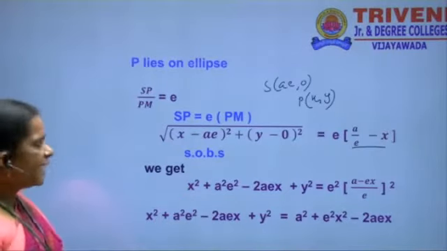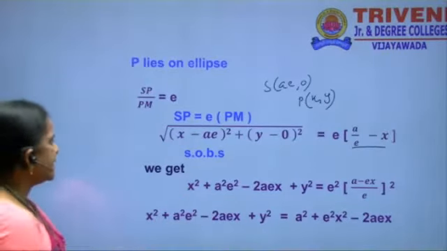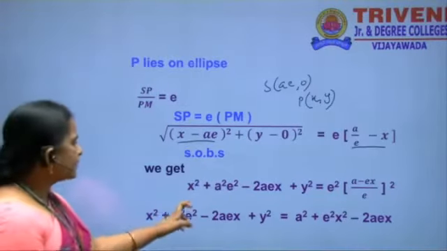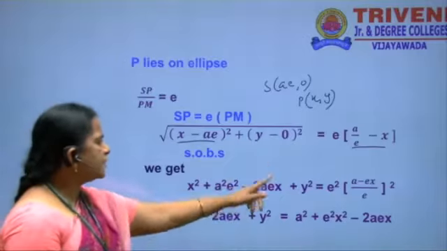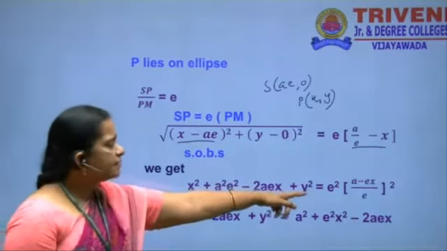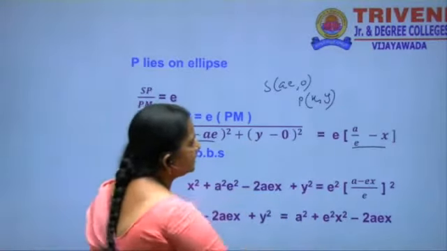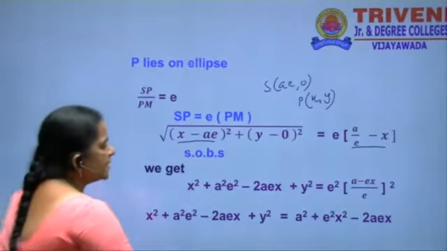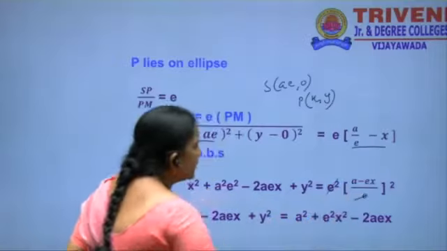Squaring on both sides, the root gets cancelled. Then expand (a minus b) whole square: a square plus b square minus 2ab. Here y square, E square into, taking the LCM, (a minus Ex) whole square by E square, and E square and E square get cancelled.